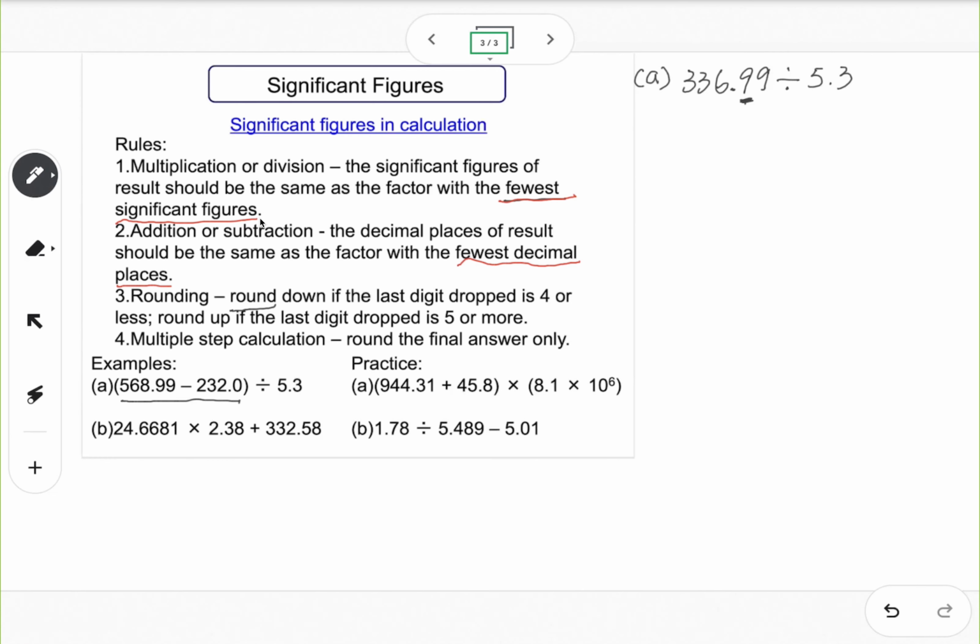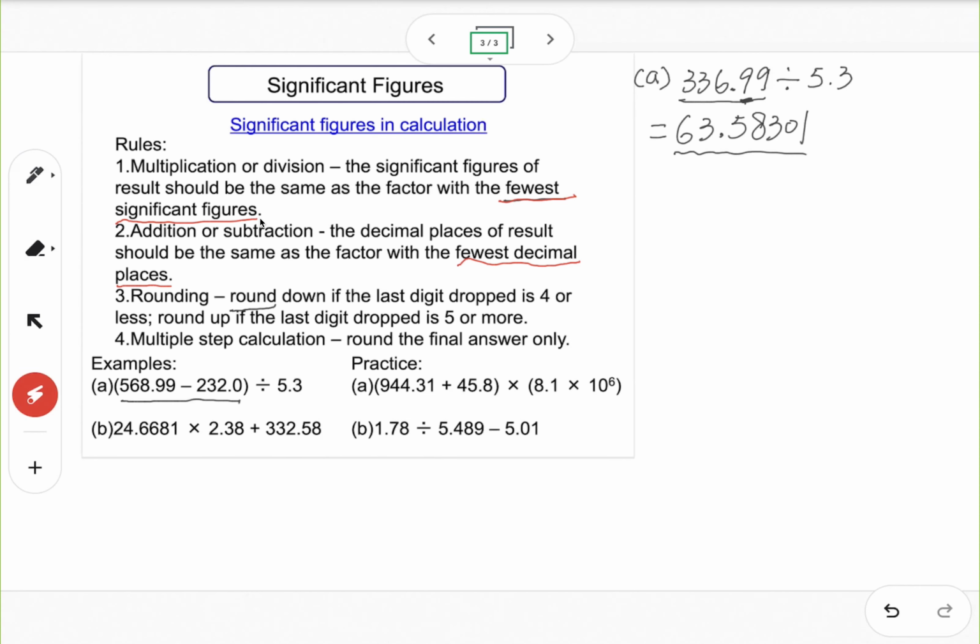Okay, let's continue. This intermediate answer divided by 5.3 will give me 63.58301. We have not reached the final answer yet because we need to consider the significant figures. This is a division.